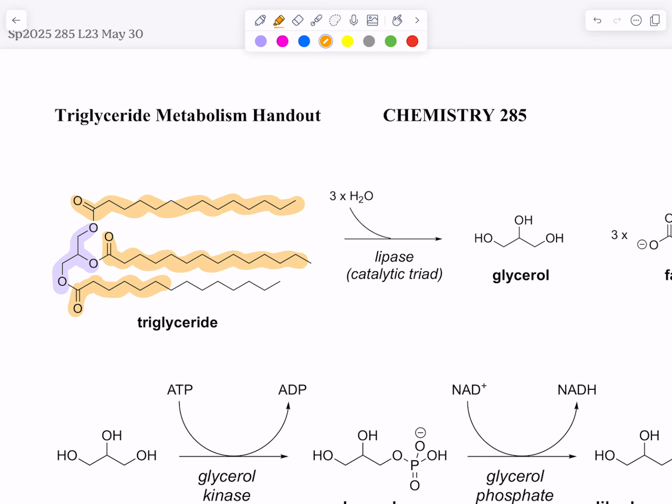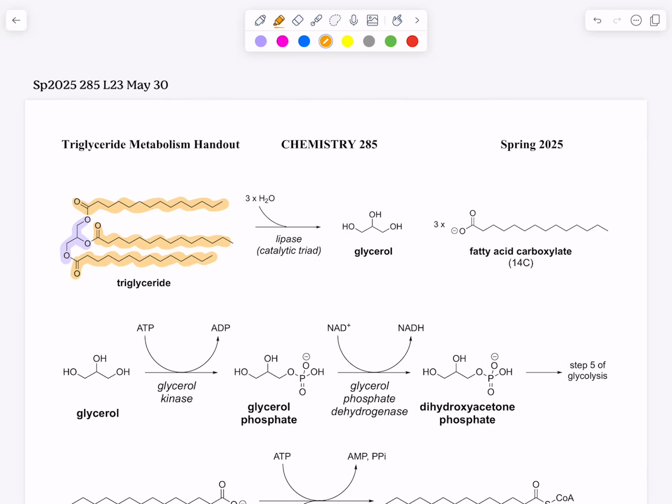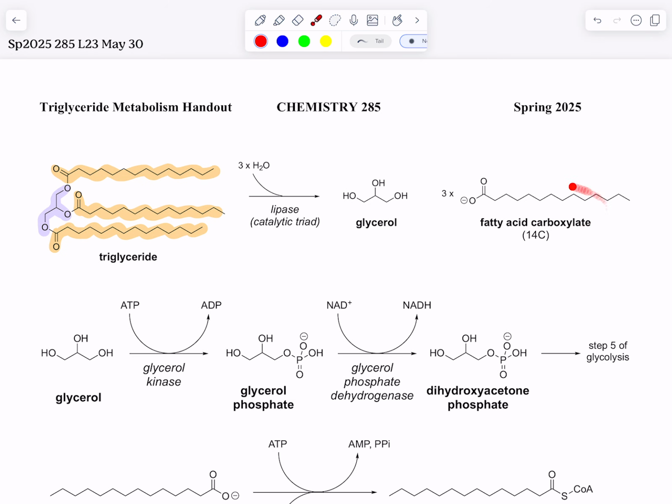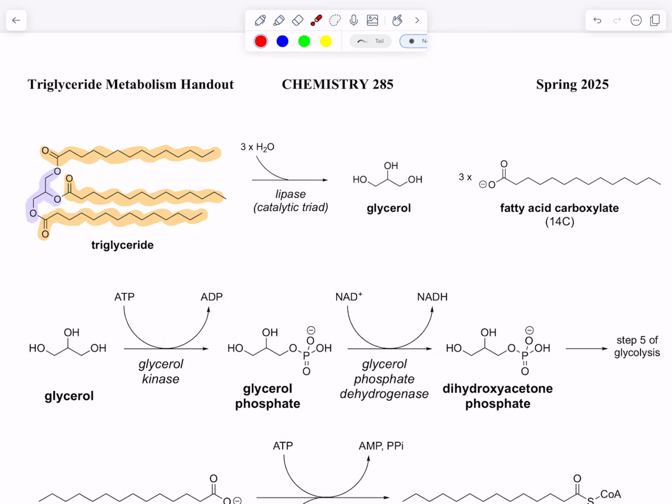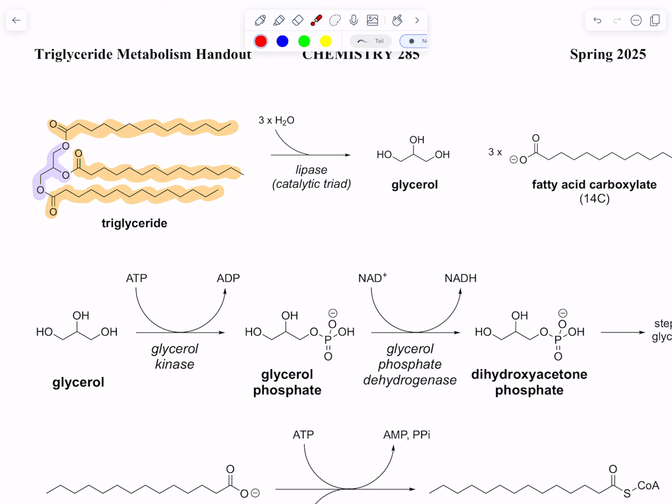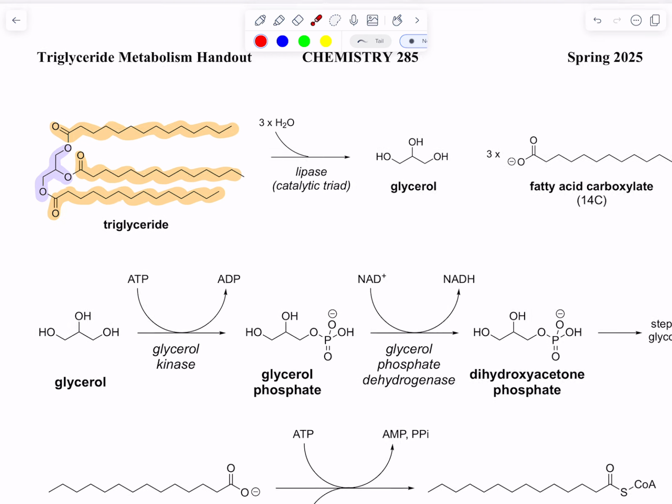We've talked about fatty acids before, and these tend to form micelles. They can be soap if you do this reaction with the triglyceride in an iron kettle at really high temperature with lye. But your body uses an enzyme to do this process. And so you get out glycerol and 3 fatty acid carboxylates. So we're going to consider the fate of glycerol and the fatty acid carboxylates separately.